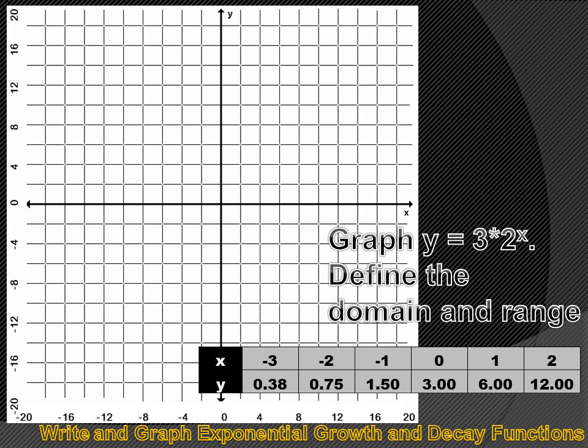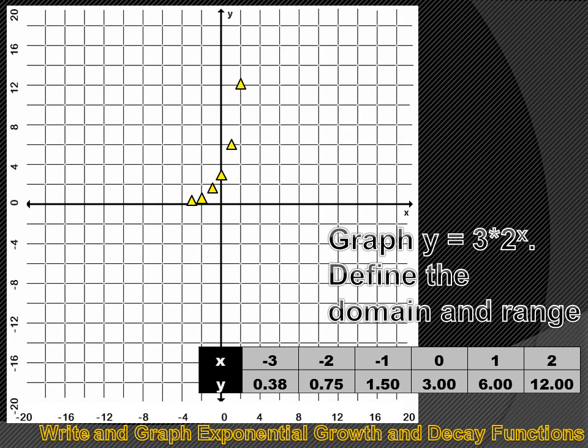I can plot -3, 0.38. And I can plot -2 and 0.75. And I can plot -1 and 1.5. And I can plot all the rest of those points.